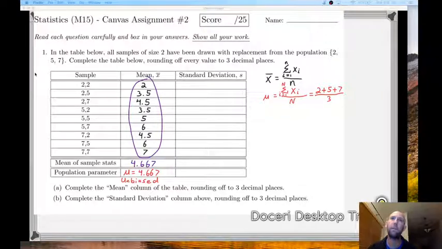Next, let's do the same thing for standard deviation. The formula for standard deviation s involves taking the squares of the mean subtracted from every data point, added together, and then divided by the sample size minus 1. If we take the values 2 and 2, since these values do not vary at all, there would be no variance.